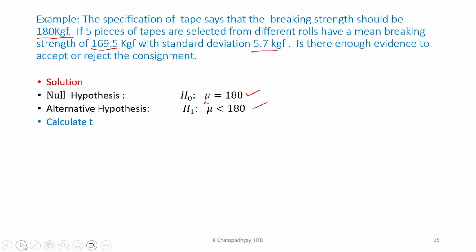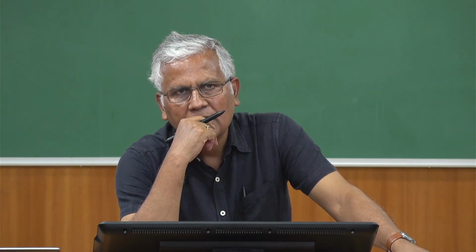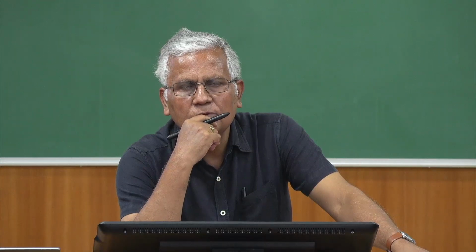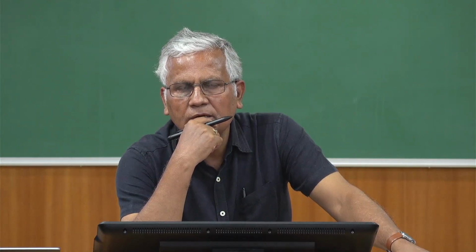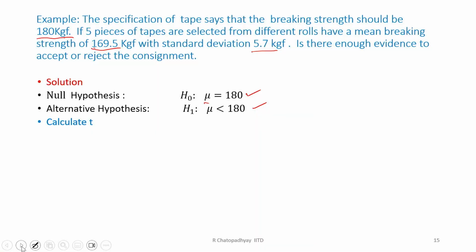So in this case, we cannot calculate Z because we are testing very few samples, not 30. Hence the Z table or Z statistics we should not use. What we calculate is T, and we find the calculated value of T from the existing data.